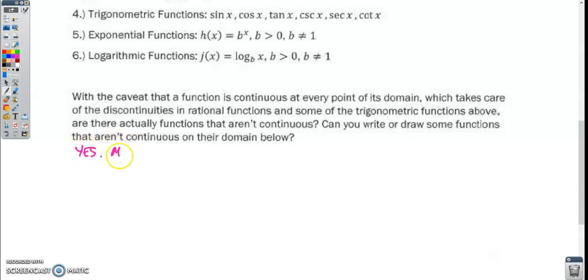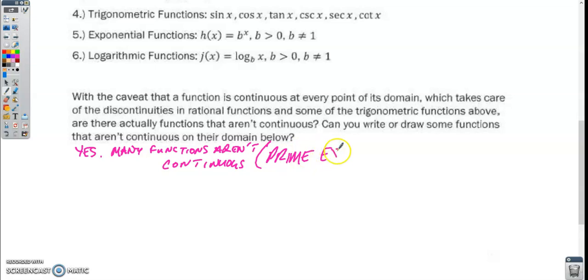Many functions aren't continuous. The prime example comes to us from piecewise defined functions.